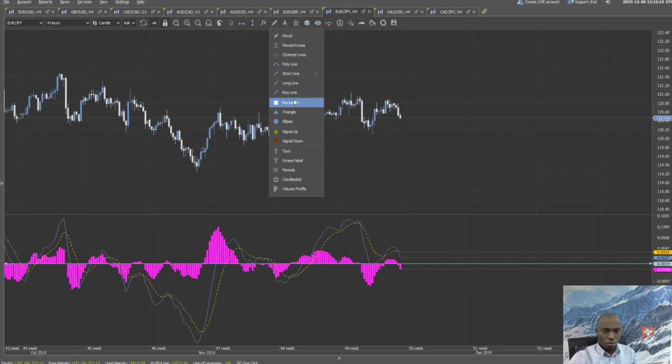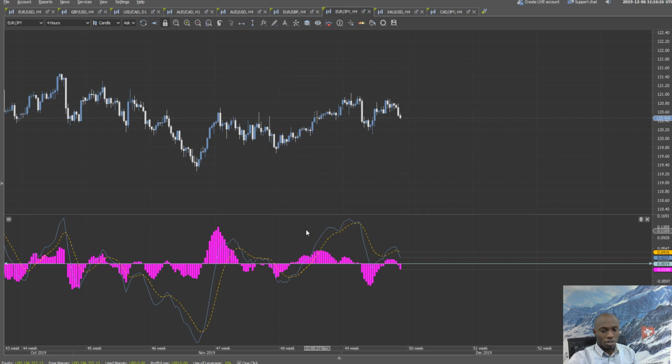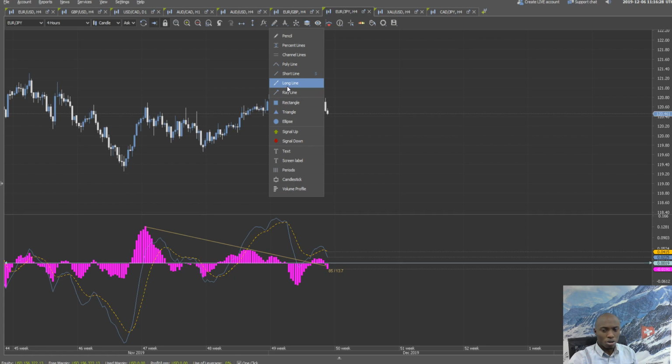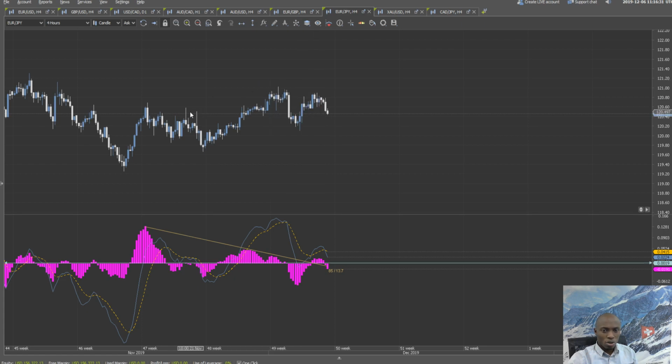It's very simple. Let me take, for instance, right now on the histogram, what happened? It's showing that the price is losing momentum, it's declining. But on the price chart, what are you looking at? You can see the price is even going higher.